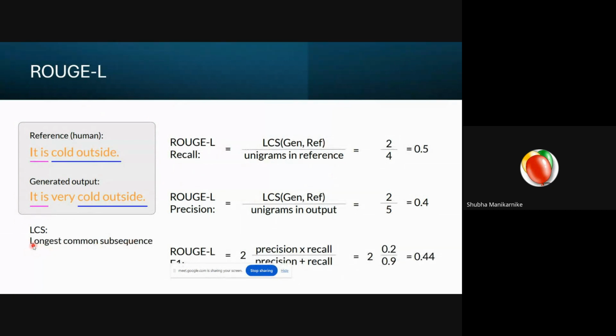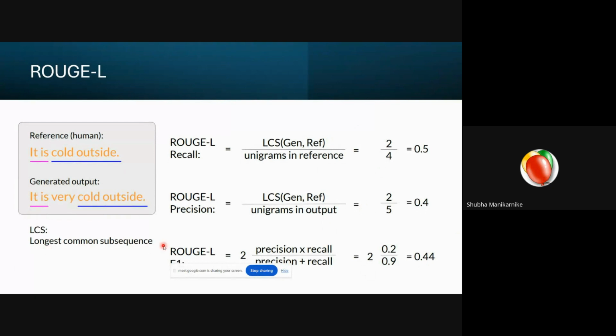If you use the longest common subsequence, you will get what is called ROUGE-L. So the longest common subsequence will be either "it is" or "cold outside". So the number will be 2, and you will use that along with the unigrams in reference or unigrams in output, and these are the scores that you will get by using LCS on ROUGE.